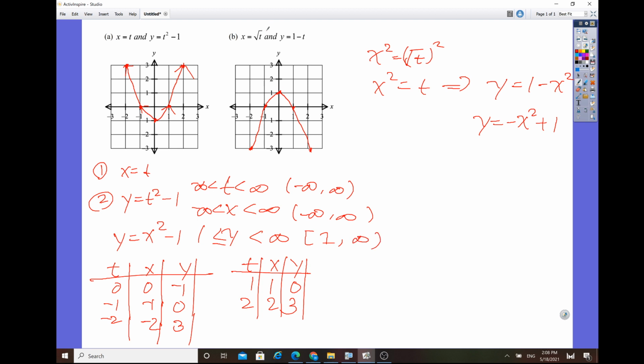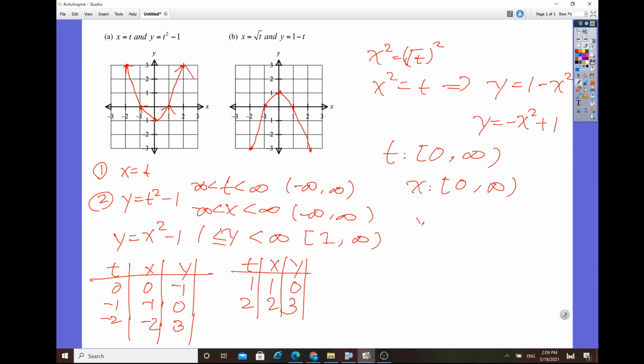And for this one here, just put in some analysis: t must be greater than or equal to 0, otherwise the result would be imaginary. So t must be 0 or greater. And for x, it's similar, 0 to infinity.